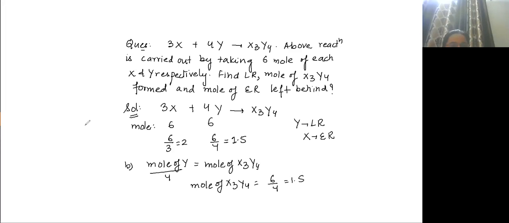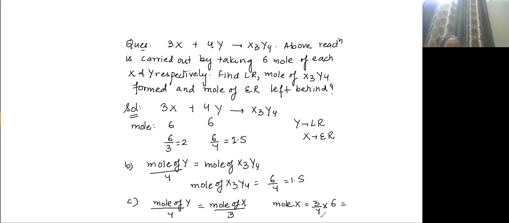Okay. Now see. Good, good Balaji, good. Now see, moles of ER left behind. How will you find out? Moles of Y divided by 4 is equal to moles of X divided by 3. From this, we'll calculate the moles of X reacted. So moles of X reacted is 3 by 4 into moles of Y, which is given as 6.